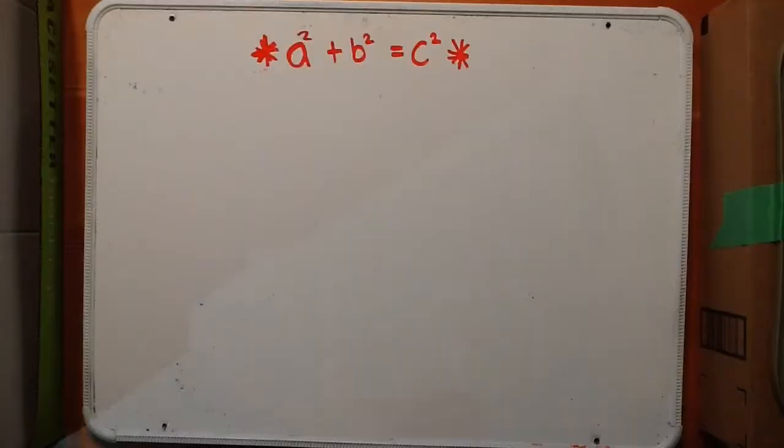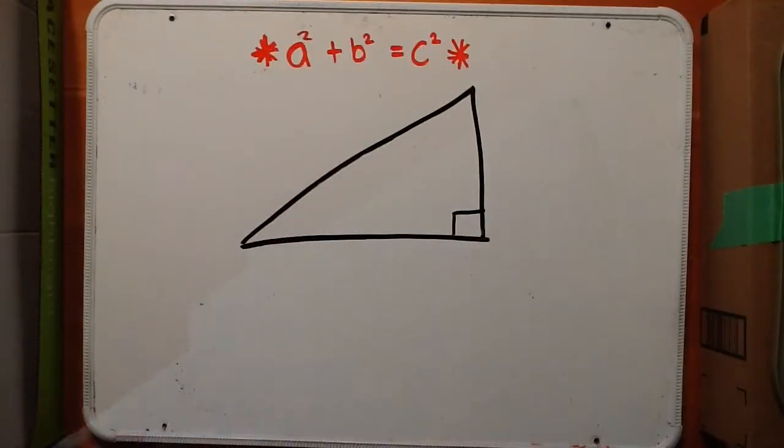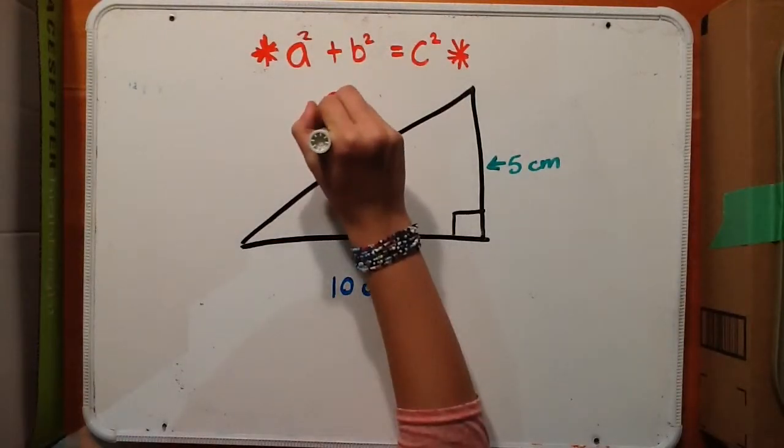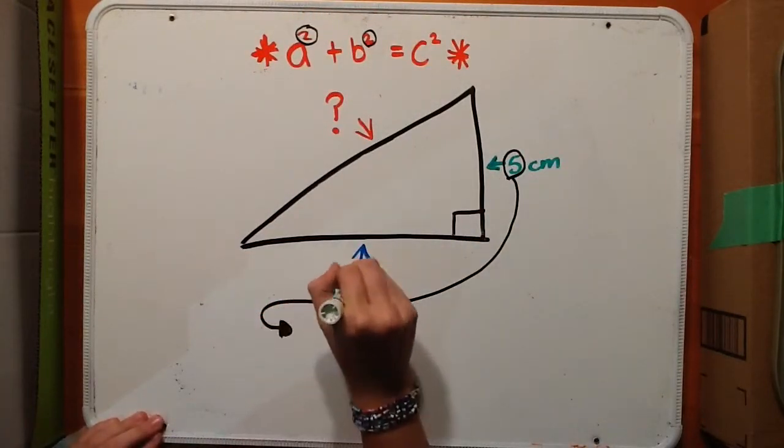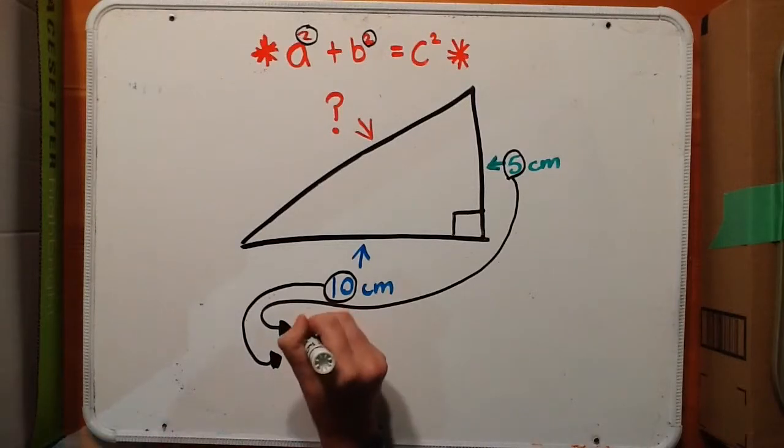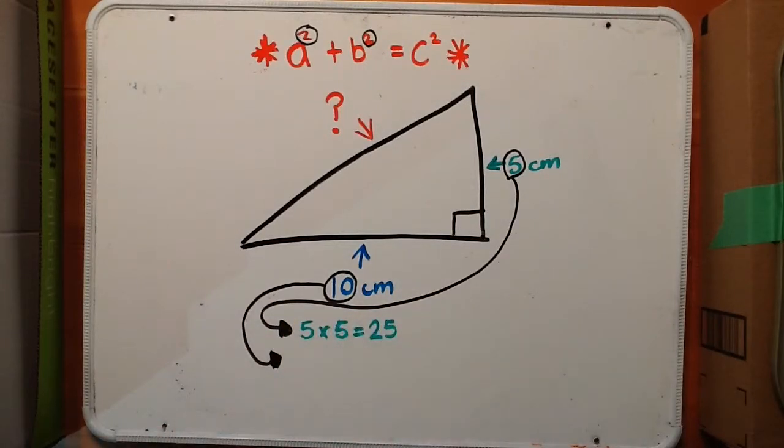Here's how. To do this, you need to remember the formula A squared plus B squared equals C squared. So imagine one side length is 5 centimeters and the other is 10. And the hypotenuse, you have no idea what it is. So you're going to use the squared part to your advantage for the 5 and the 10. So 5 times 5 is 25 and 10 times 10 is 100.